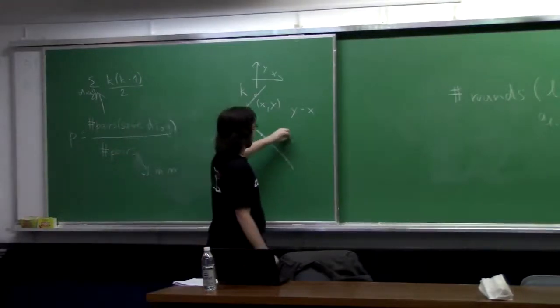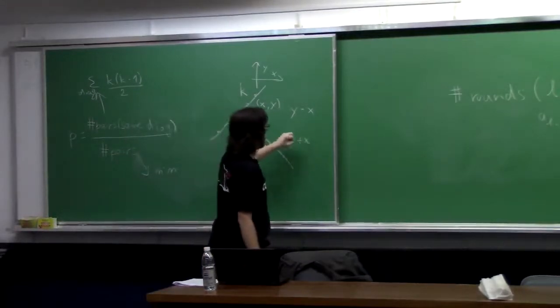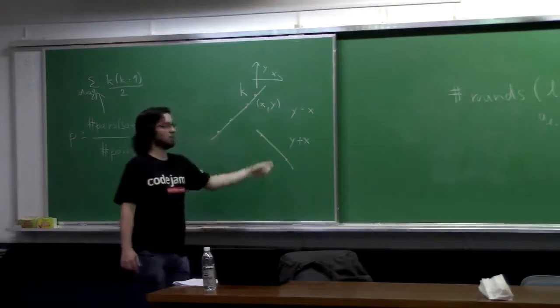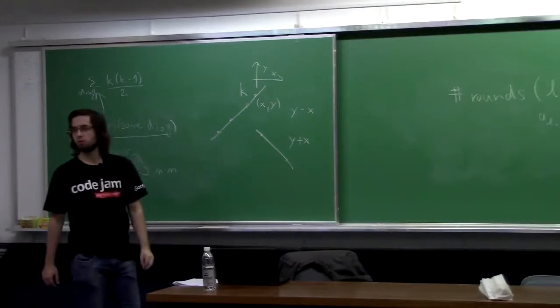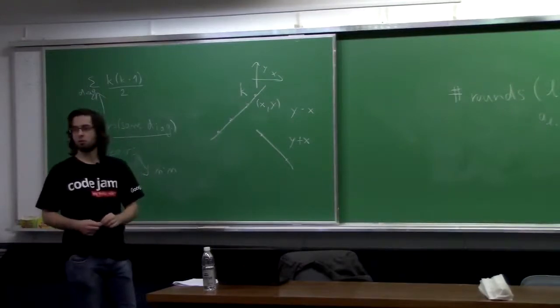For the other diagonal, the points that appear on it have y plus x the same. Then in this case the order matters, so we can't divide by 2.